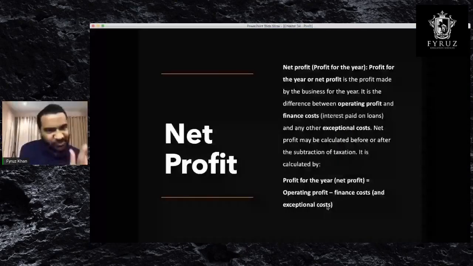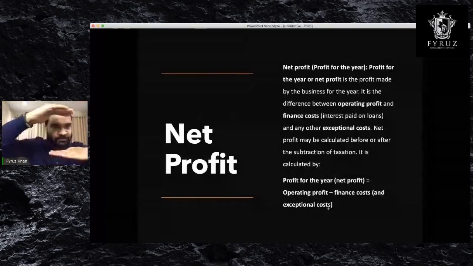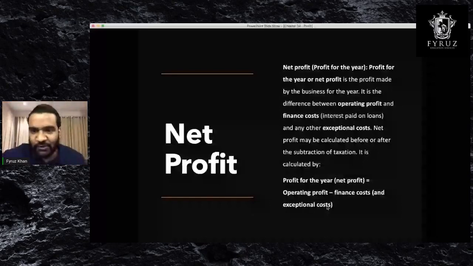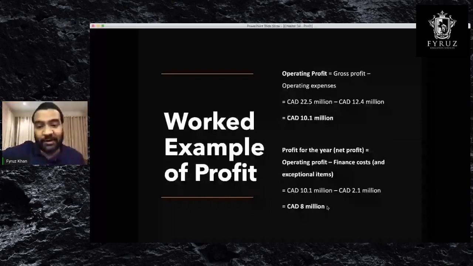So that's the real thing that will be left. And if you think about gross profit, operating profit, net profit, the amount will reduce. If you look at this, at first the gross profit was 22.5 million, the operating profit 10.1 million, so there's a huge drop by half. And then there was again a drop of around 2 million, so it will reduce.